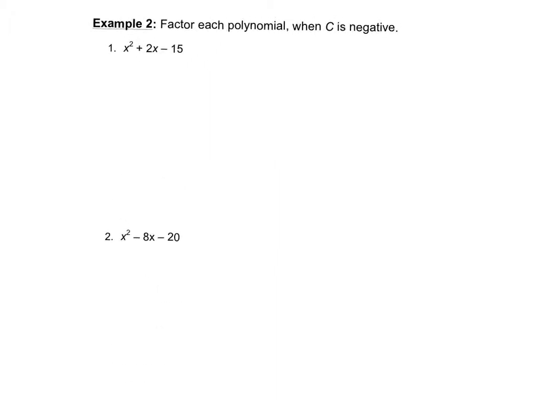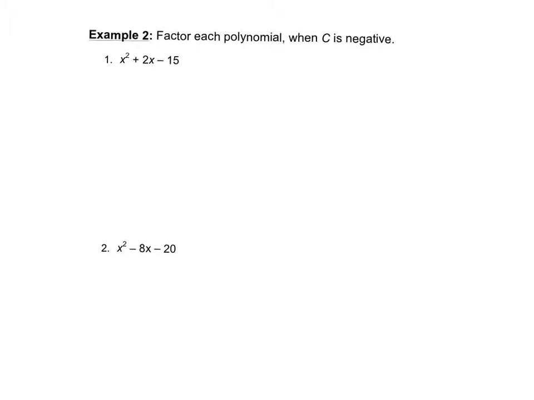Here's your next one. Notice all of these have an a equal to 1, meaning the number in front of x squared is just 1. Okay, two things that multiply to c, negative 15, that add to 2.